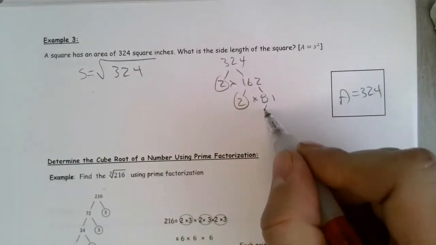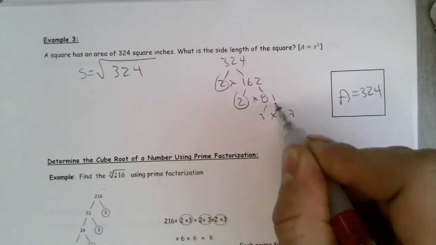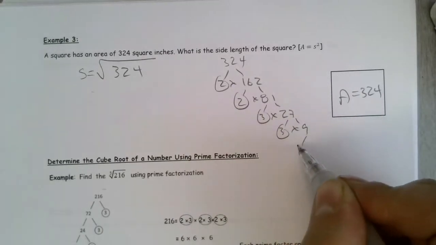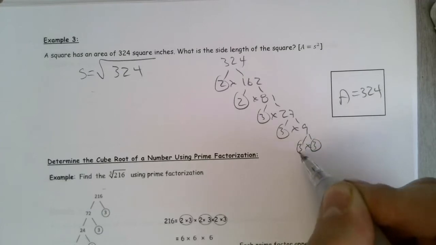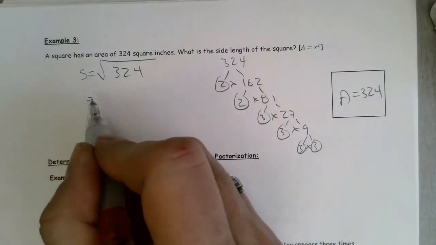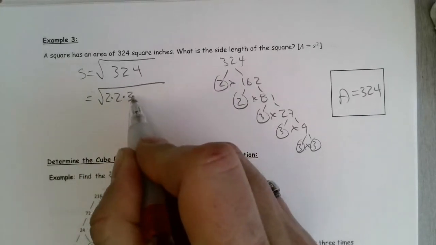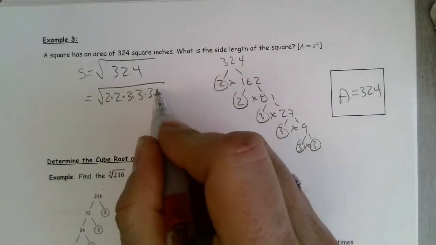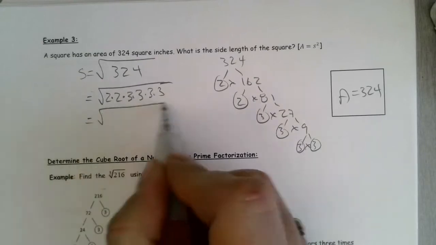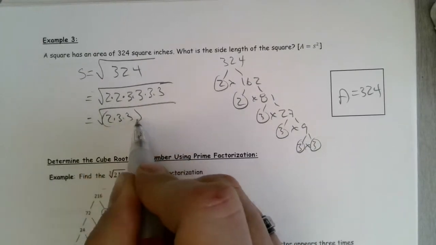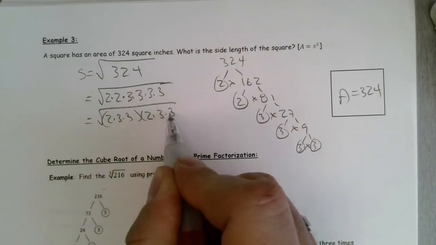And you know what? I just spent a couple moments working with 81. And then 9 is 3 times 3. So I know that 324 is going to be 2 times 2 times 3 times 3 times 3 times 3. And I can actually break this up into two groups of 2 times 3 times 3.